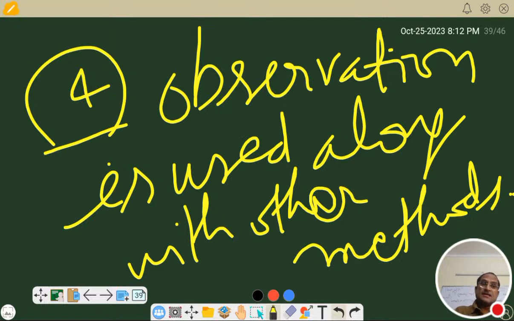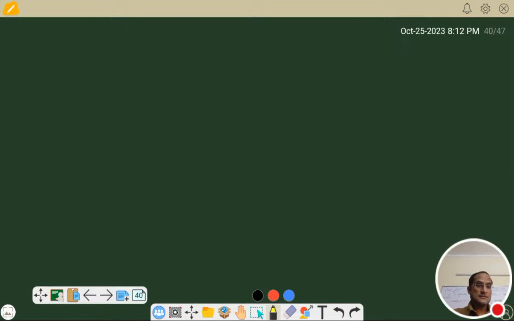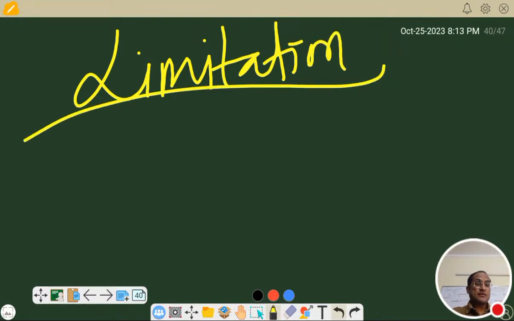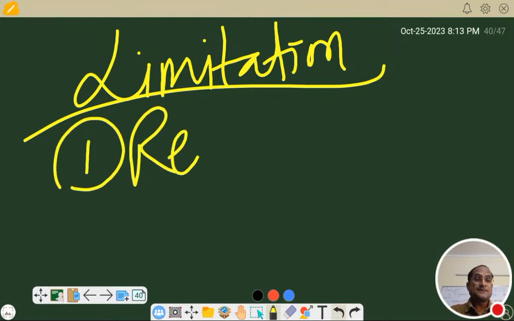Then, like survey, observation also has certain limitations. What is the limitation of observation? Observation as a method involves so many participants, lots of infrastructure, and a lot of money is used. So it is resource intensive.